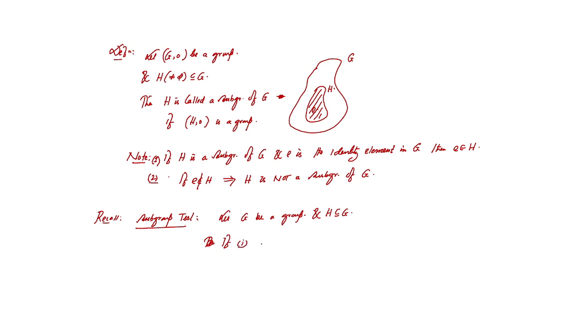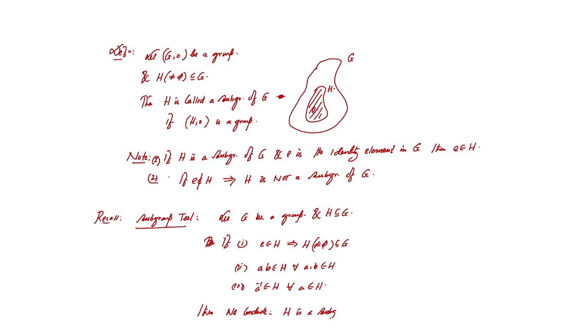First, you check E belongs to H, and that implies H is a non-empty subset of G. Second, ab belongs to H for all a, b belongs to H. And third, a inverse belongs to H for all a belongs to H. If it holds, then we conclude H is a subgroup of G.